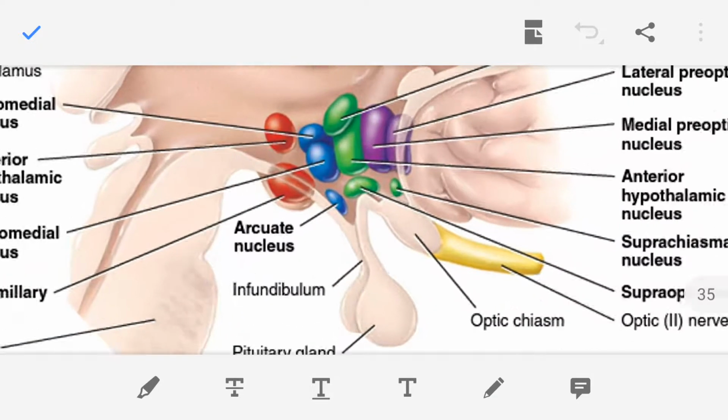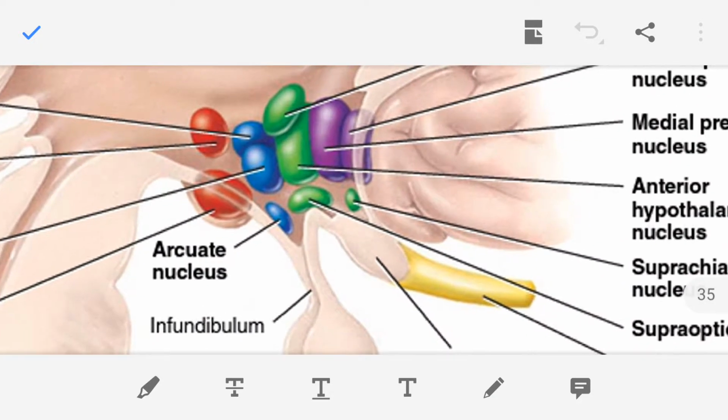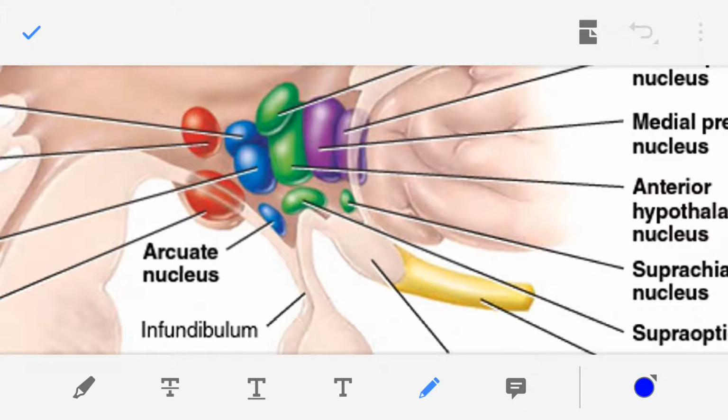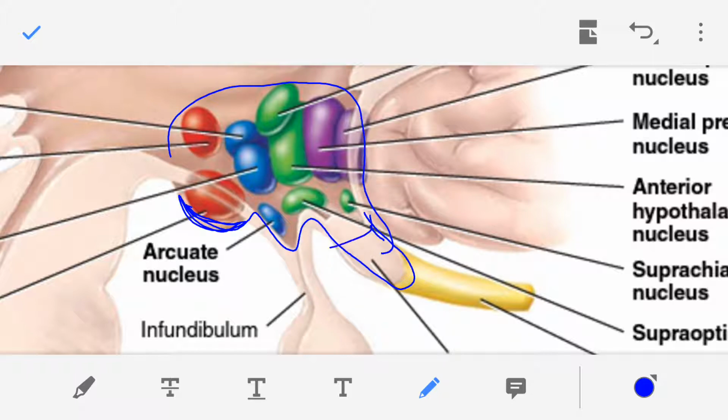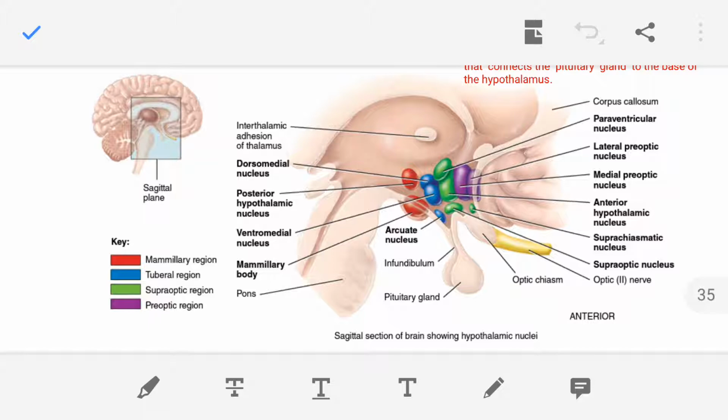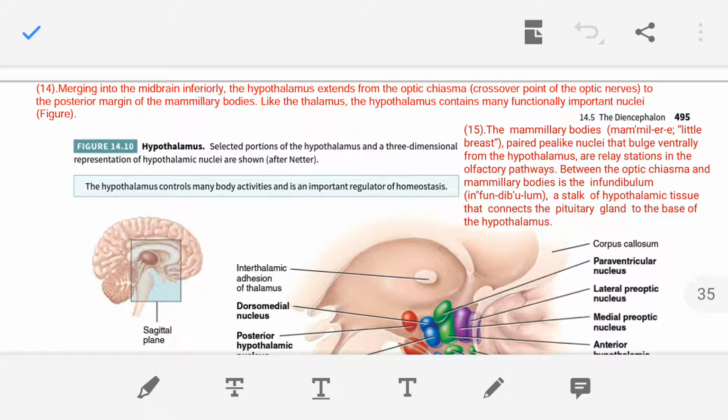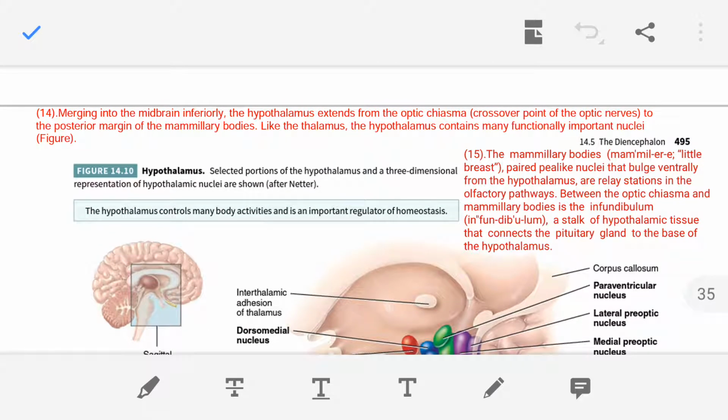So where the hypothalamus is present: from the optic chiasma, from this part up to the posterior margin of the mammillary body, this entire region of the brain is known as the hypothalamus. So this is regarding the location of the hypothalamus.